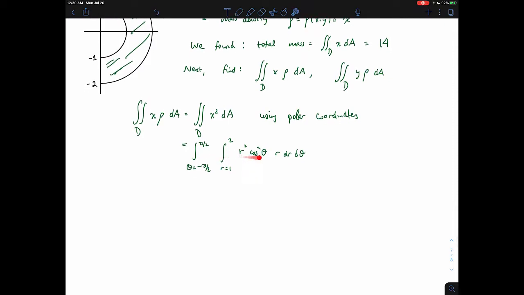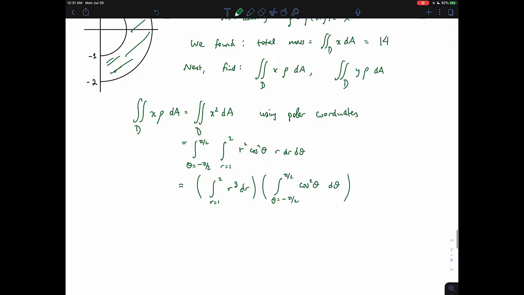This is a separable integral. I have a function of r cubed with constant bounds times a function of theta, and the theta has constant bounds. So this is the integral from r equals 1 to 2 of r cubed dr, times the integral from theta equals minus pi over 2 to pi over 2 of cosine squared theta d theta.